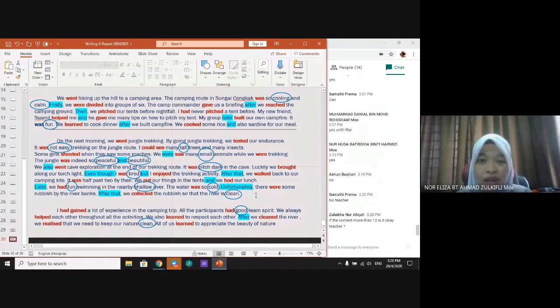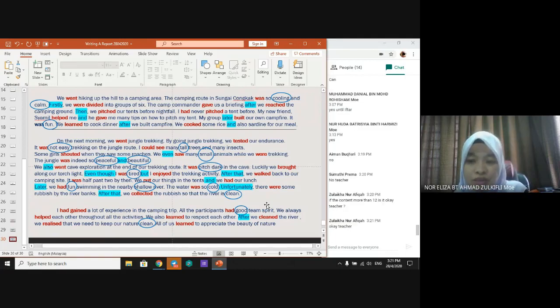So even though I have more than 12 contents here, I won't be given more than 12 marks. It's okay to have more than 12 content points, but remember that your marks will still be a maximum of 12 for content. But if you have more points, no problem.